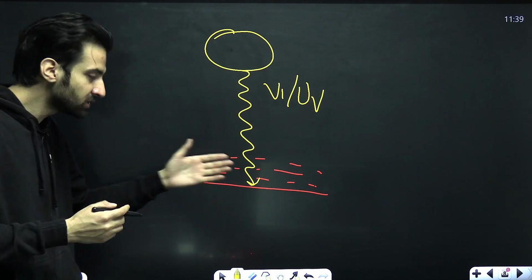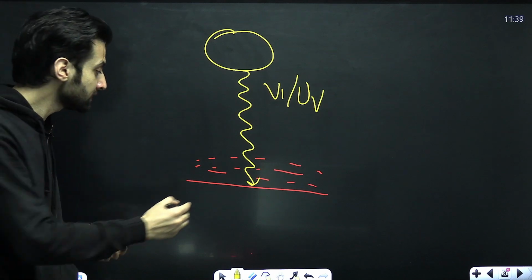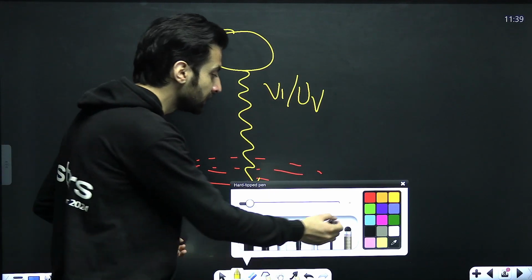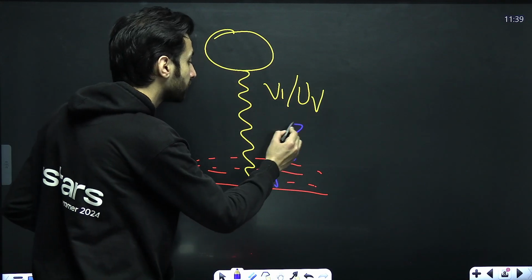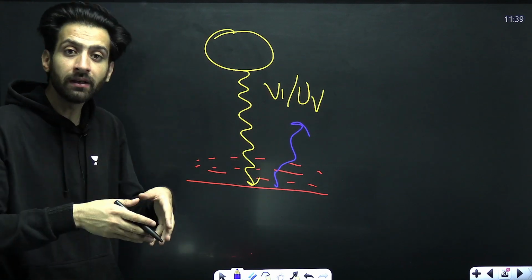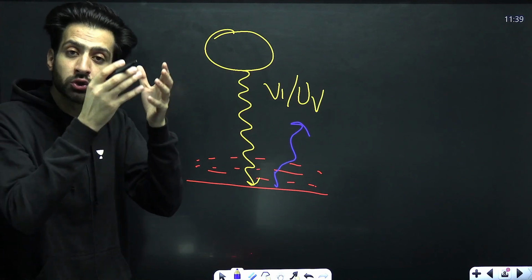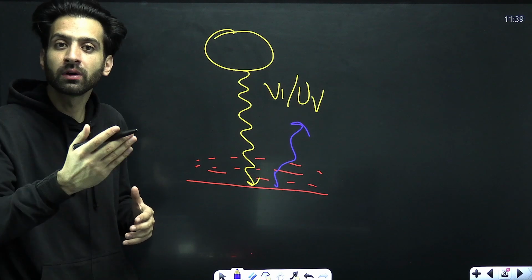Now, once they reach the earth, the earth will absorb it and heat up. Once the earth heats up, it will release energy in the form of longer wavelength, that is infrared, because it's absorbing visible and UV, the shorter wavelength, but what it is releasing is infrared, that has longer wavelength.